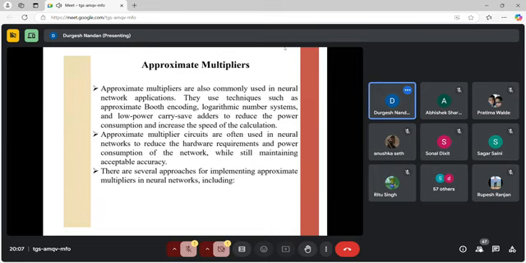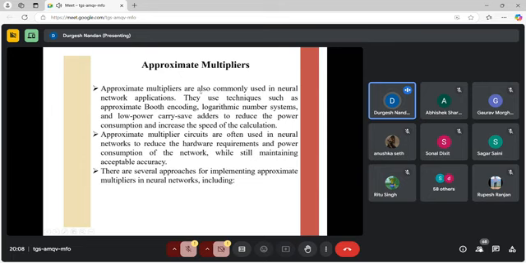These are the techniques used to perform approximate multiplication. Often it is used in neural networks to reduce the hardware requirements and power consumption of the network while still maintaining an acceptable level of accuracy.